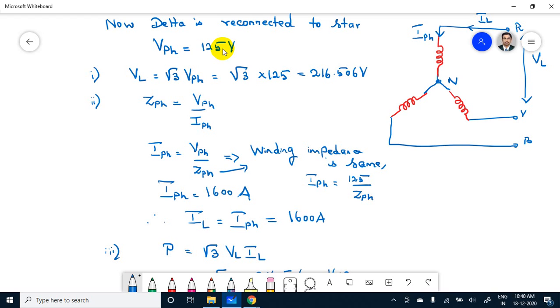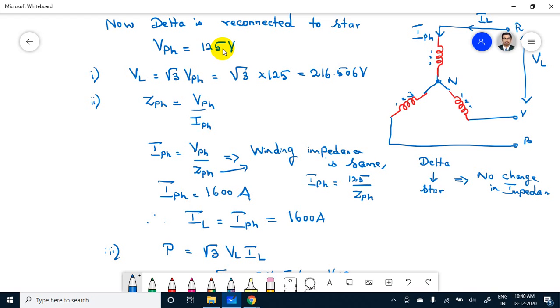When you are transferring the winding connections from delta to star, there is no change in impedance. Impedance is nothing but Z. The reason is the number of turns wound in the winding. You see here 1, 2, 3. Here 1, 2, 3.